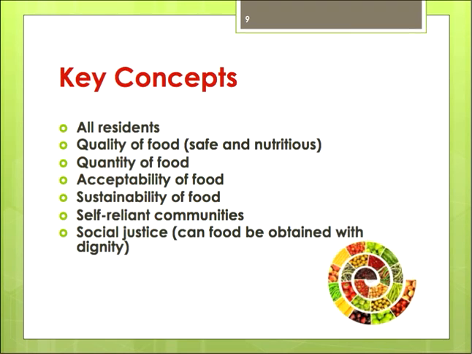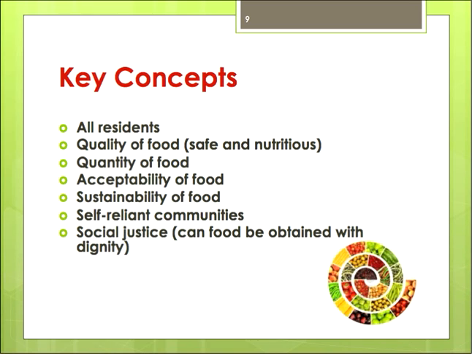Next slide. There are some really important concepts that are embedded in this definition that I think we should keep at the back of our minds when we are doing our work. It speaks to all residents. It speaks to safe and nutritious food, or the quality of food. It speaks to quantity of food, acceptability of food, particularly cultural acceptability, sustainability of food.